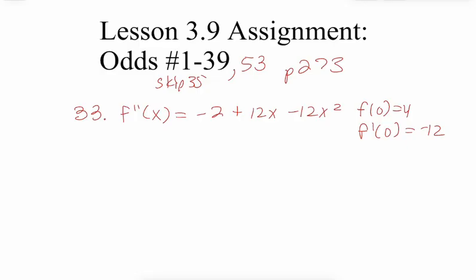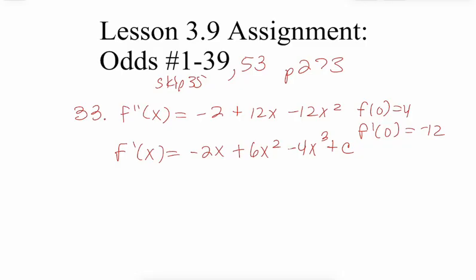They want us to find f of x. The instructions say to find f. So we're going to go backwards one. And if we go backwards one, that would be negative 2x plus 12x squared divided by 2 minus 12x cubed divided by 3 plus our constant. Okay.